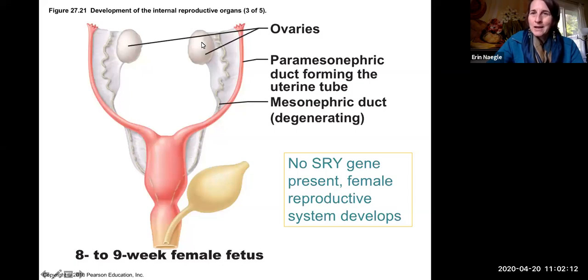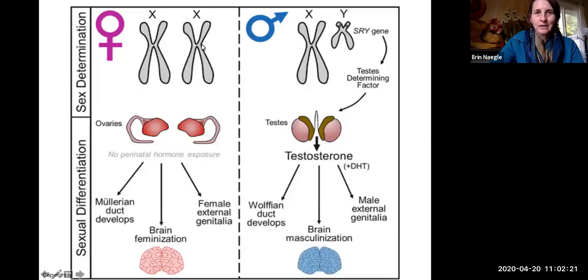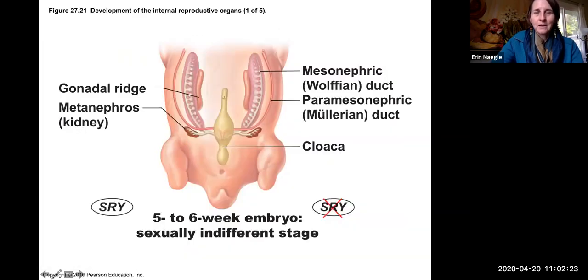So now we kind of understand, where does that gap come from between the ovaries and that uterine tube? It's because initially, when we look at these developing early stages in the embryo, that mesonephric duct or that Wolffian duct is really close to the gonads, and the paramesonephric duct is further away. And so there's just this gap that never fuses in the female reproductive system.